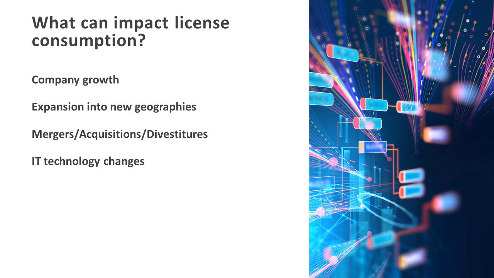And finally, simply IT technology changes. Over time, you're going to adopt different technologies, and that can again have an impact on license consumption. And again, we'll talk about this in a little bit more detail.